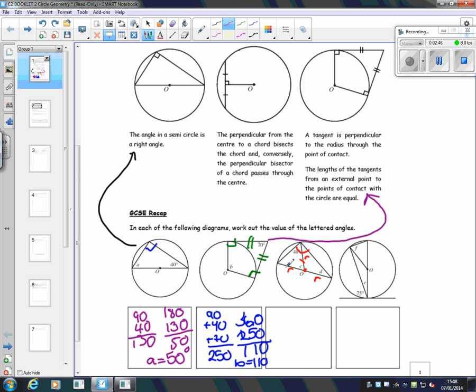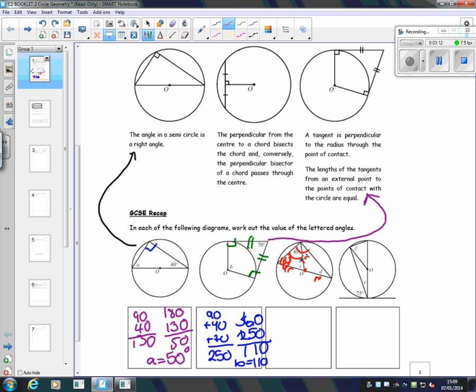So all of these lines are equal to each other. That means that this is an isosceles triangle. So if this angle is 40 degrees, then this angle must also be 40 degrees because base angles in an isosceles triangle are equal. So this one will be 40 degrees as well.